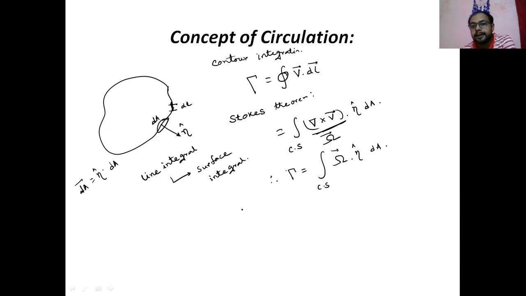It depends on the sense of rotation. If vorticity vector exists, circulation will also exist. For irrotational flow, the circulation is also zero, because the vorticity vector itself is zero.